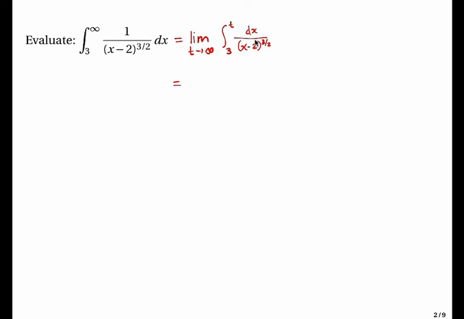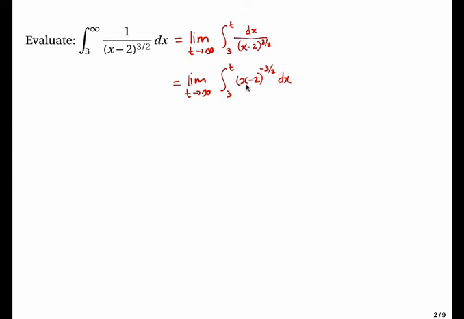So here you can write the limit as t approaches infinity of the integral from 3 to t of x minus 2 raised to negative 3 halves dx. With simple substitution, we let u equal x minus 2, so du is dx. This becomes u raised to negative 3 halves, and if we do the integration, we end up with u raised to negative 1 half over negative 1 half.